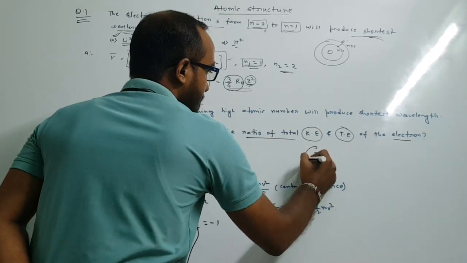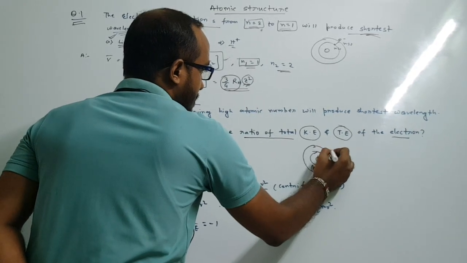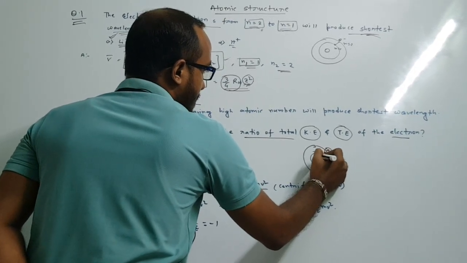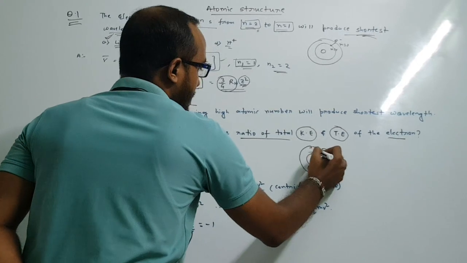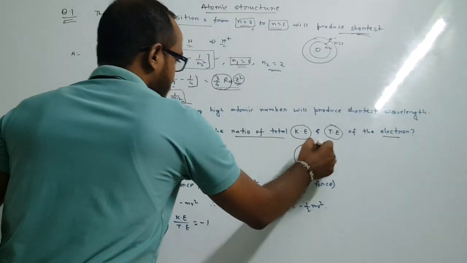And let us say this is our electron, and the distance between the electron and the proton is r.